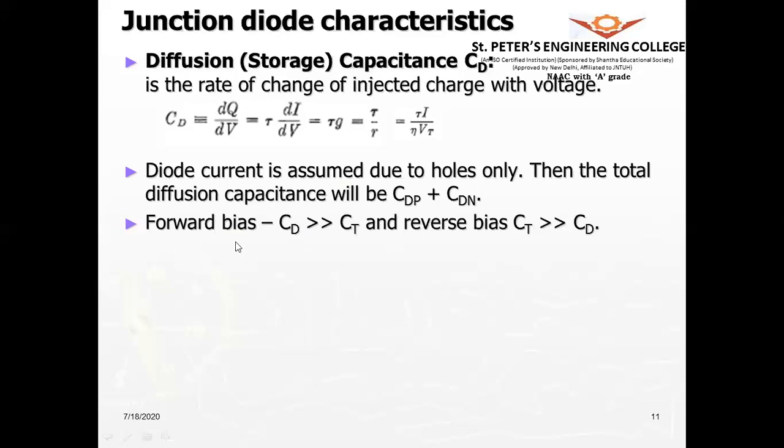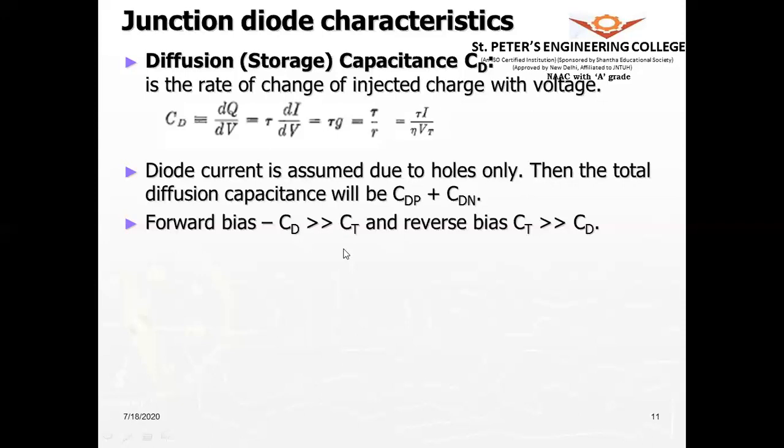When we have forward bias, the diffusion capacitance will be far, far greater than the transition capacitance CT. And in the reverse bias, the transition capacitance will be far, far greater than the diffusion capacitance. So what we have to understand is that there are two types of capacitance, the diffusion capacitance and the transition capacitance.